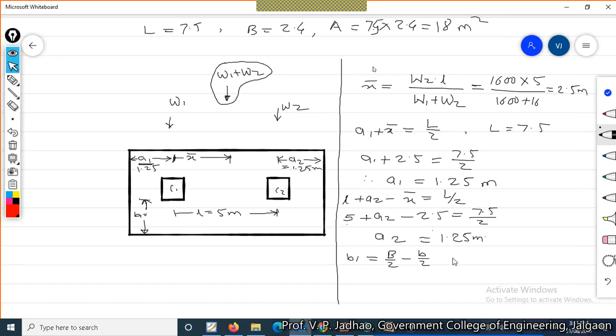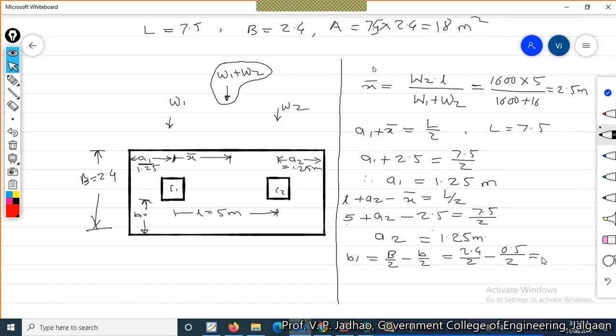We have capital B as 2.4 meter, so this is 2.4 divided by 2 minus small b by 2. Small b is 0.5 meter or 500 mm, which is our width of column.